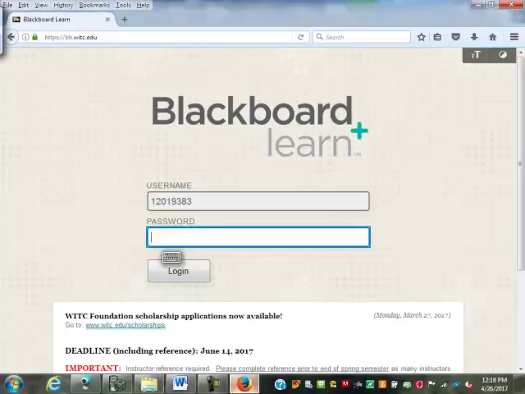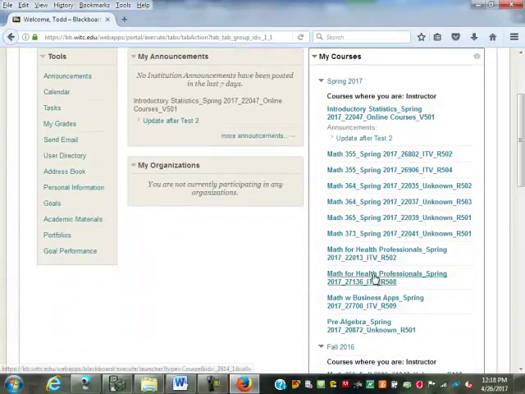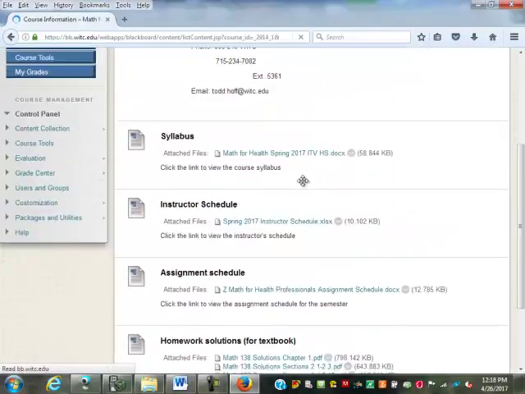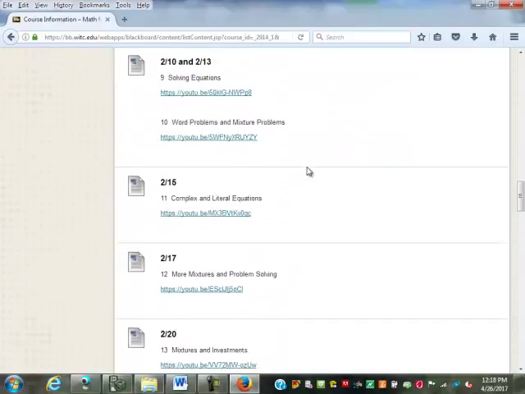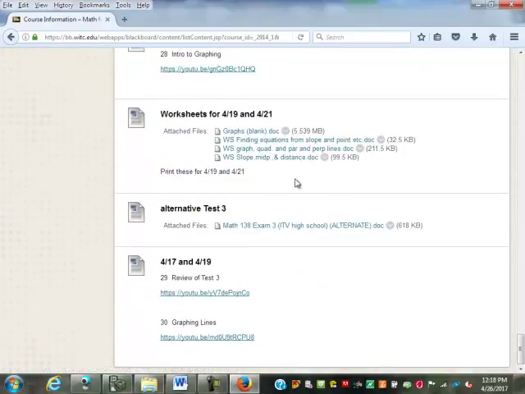So anyway, in Blackboard, again, posted in course information, there are actually a couple of worksheets. The first one is finding equations from slope and point.